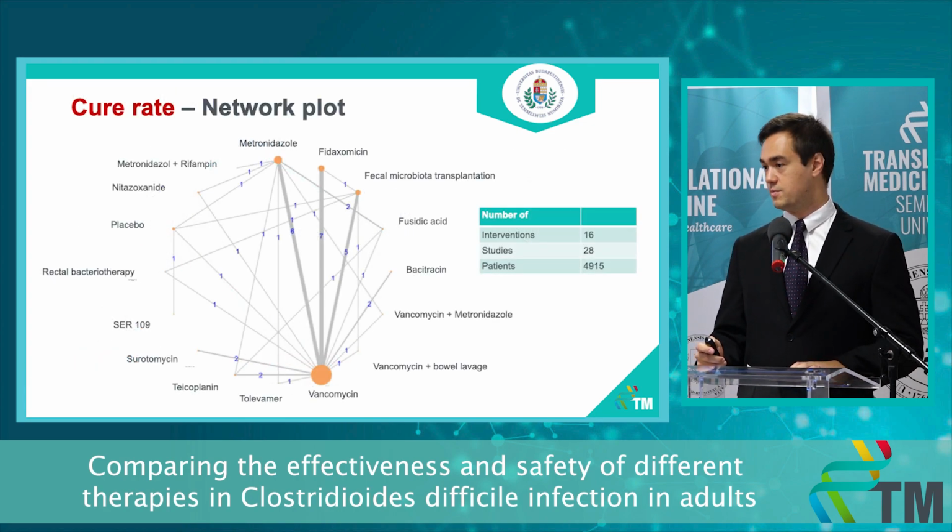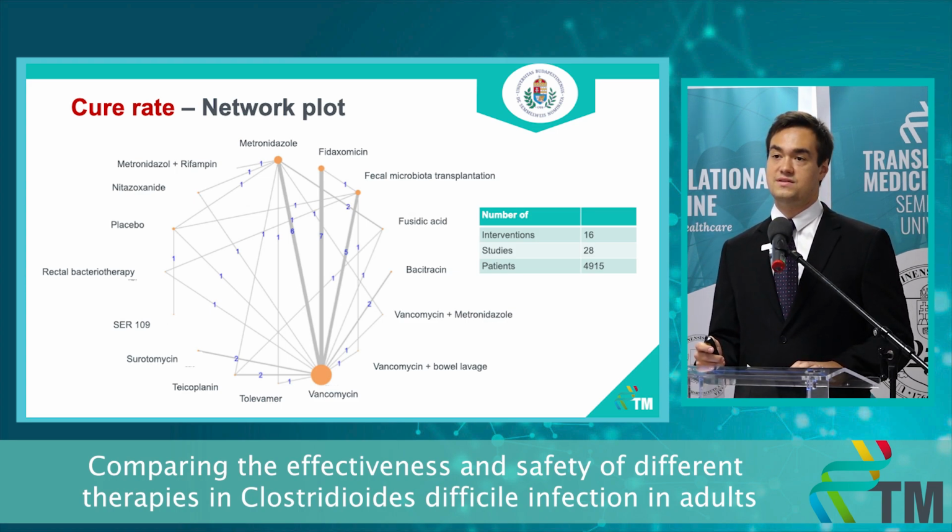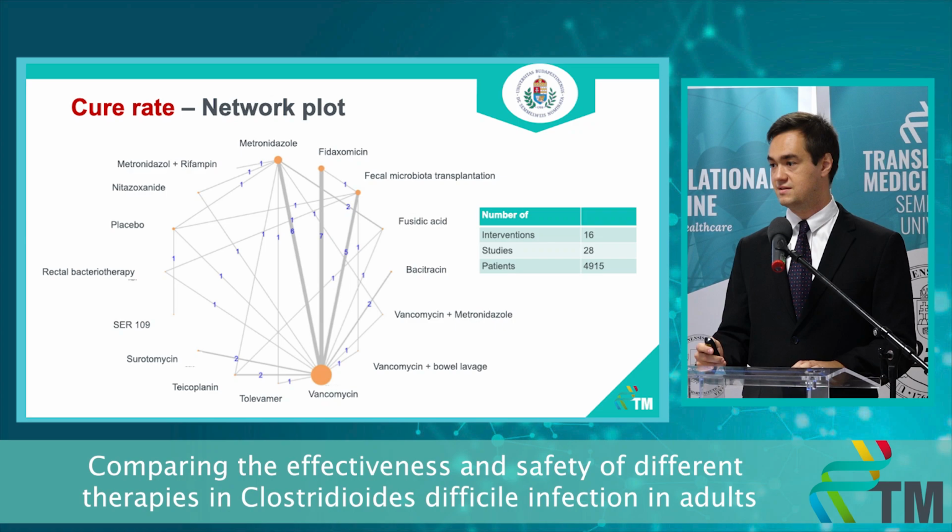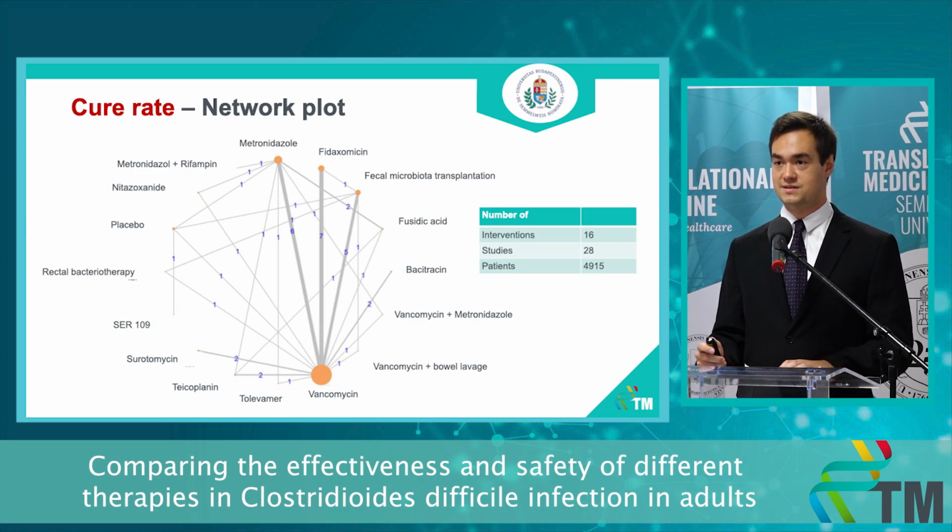We've done a network meta-analysis, so this is a network plot in the case of cure rate globally. There are knots and edges on it. Every knot represents a different kind of therapy against C. diff infection. The bigger knot represents that treatment was included in more articles than the others.